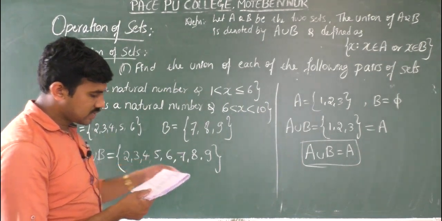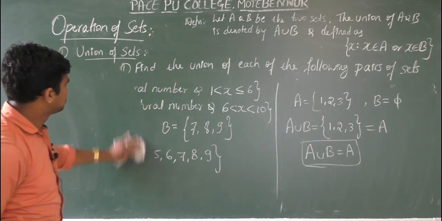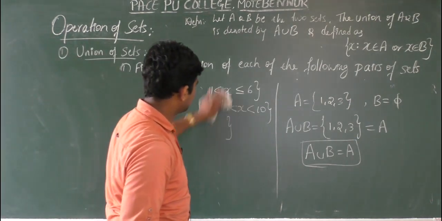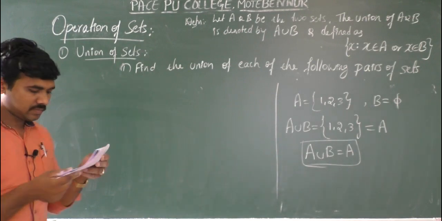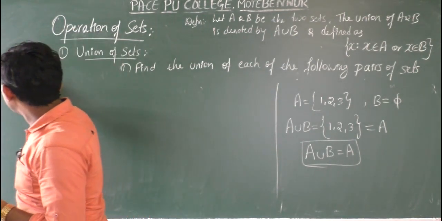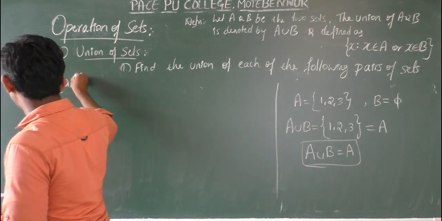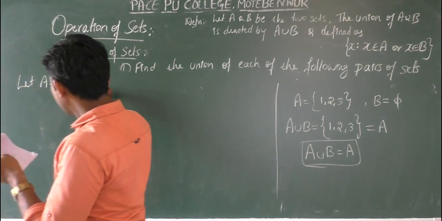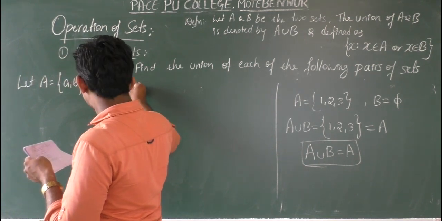Now, see the next question. Let A is equal to the set of all a, b, and B is equal to a, b, c.